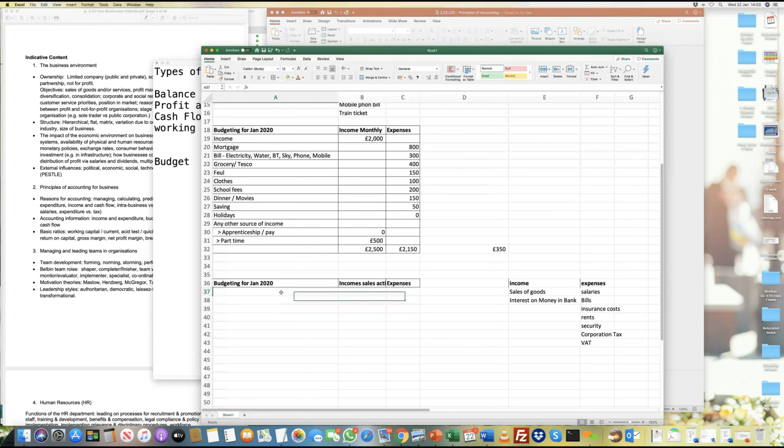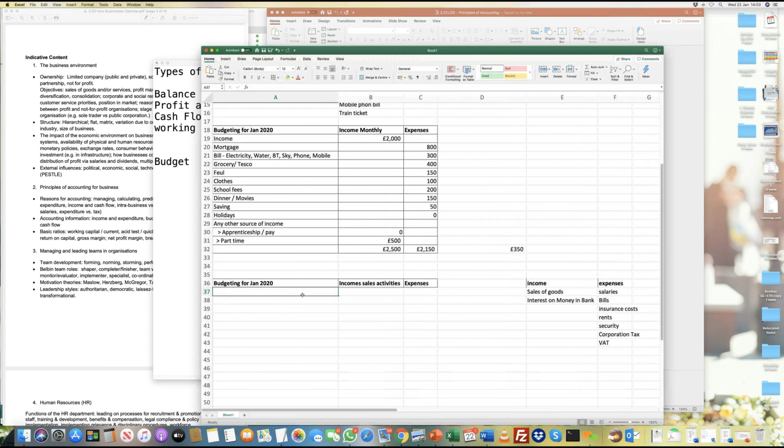So when the company's accountant, or somebody in accounts and finance, ends up doing budgeting, they will basically look at creating a similar budget, and that budget will look at all the activities which the company is doing.